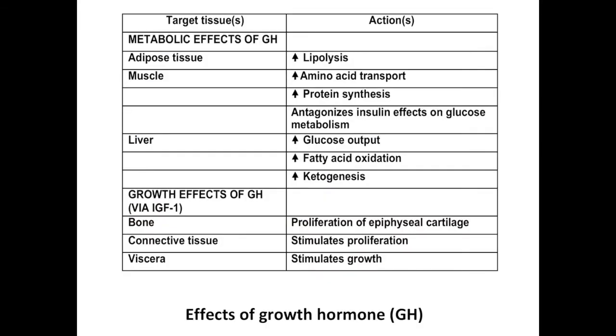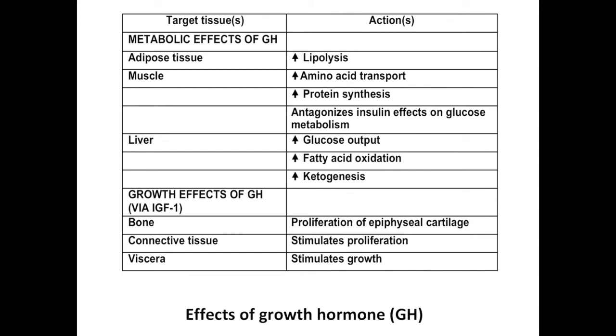This table summarizes the effects of growth hormone on different tissues, in particular pointing out the metabolic effects of growth hormone. So in adipose tissue, it increases lipolysis, and on muscle, it increases amino acid transport and uptake. It increases protein synthesis and antagonizes insulin's effect on glucose metabolism.